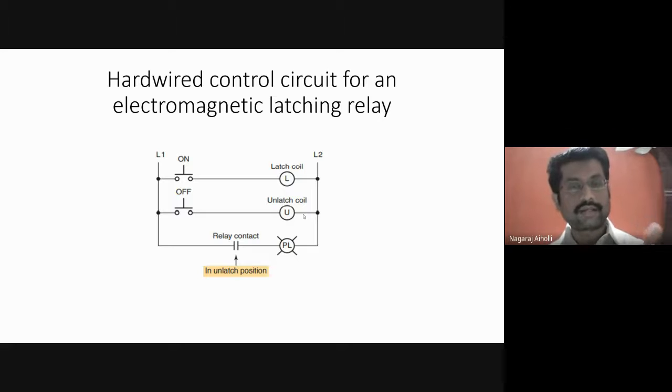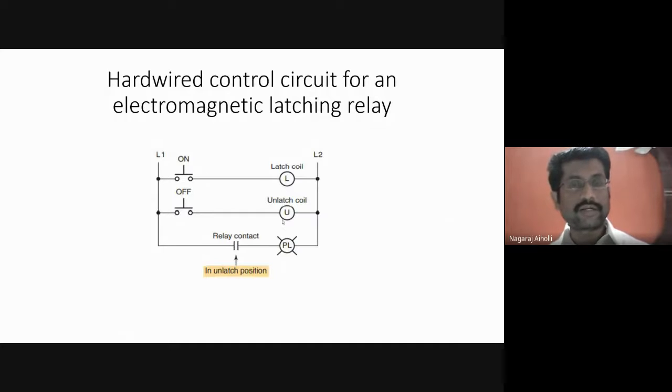Before this unlatch coil is energized or activated, what is the status of the bit in the memory? It is 1, because of the latch coil energized, right? But when unlatch coil is energized, this 1 will become 0.